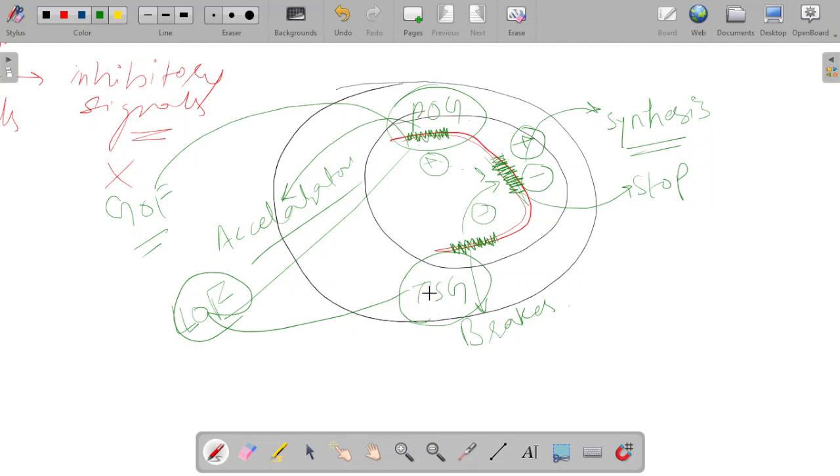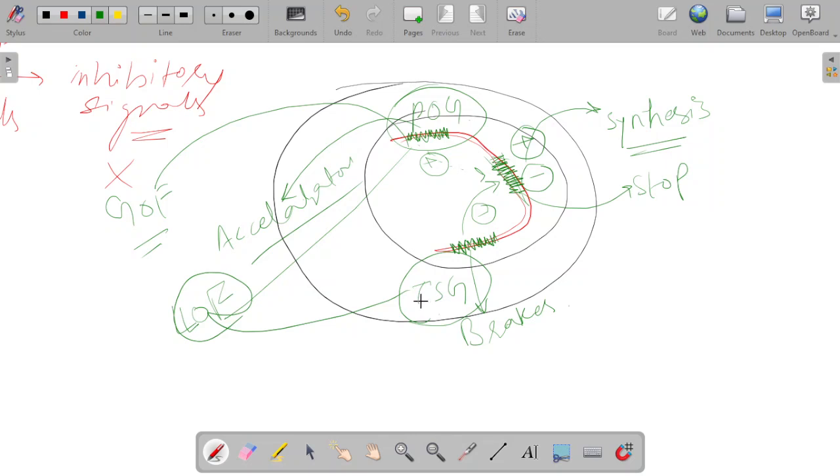But to become an abnormal car, or an out of control car, we must accelerate it more, and we must fail the brakes. In that situation, if you take the analogy of a car, the car becomes really an out of control or abnormal car. The same is true of the cell: you have to over-accelerate it and under-brake it, isn't it?